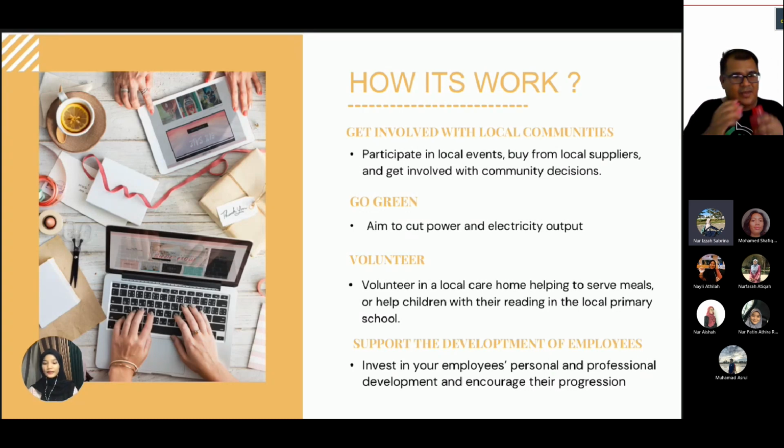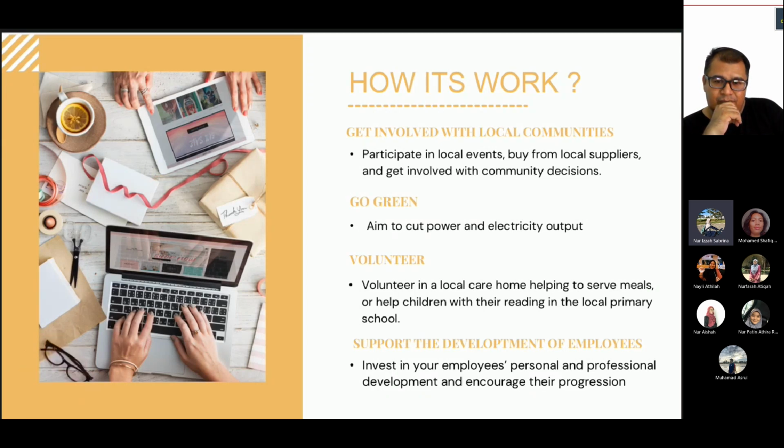So dekat sini maknanya satu bisnes ni boleh berikan masa ataupun ruang untuk staff buat apa yang dia orang suka lah.